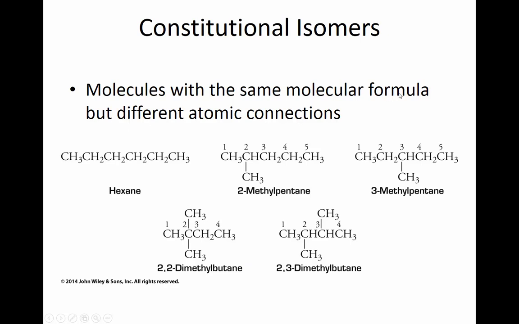Again, same molecular formula. If we were just looking at the molecular formula, we would not know which one we were dealing with. It's the atomic connections that tell us what the molecule is. Each of these compounds will exhibit different behavior depending on what you're using them for. So it's important to write out your constitutional isomers.